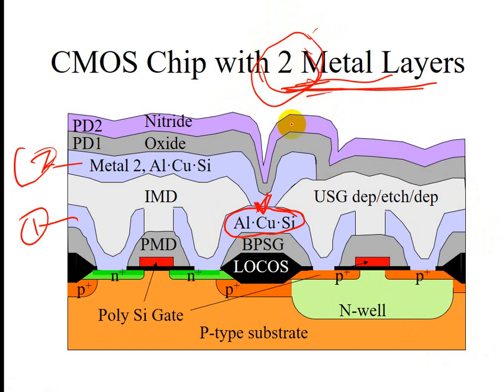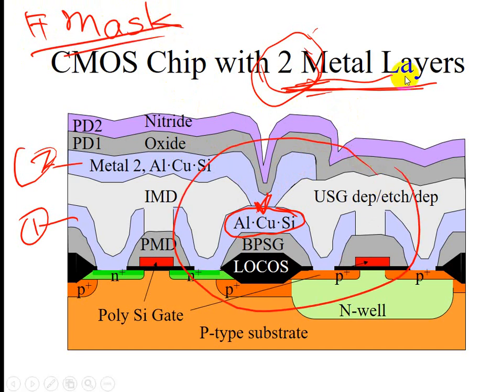The other way is the number of masks required to create the structure. Two ways: one is how many layers of wire, the other is how many masks are required to create a structure like this.